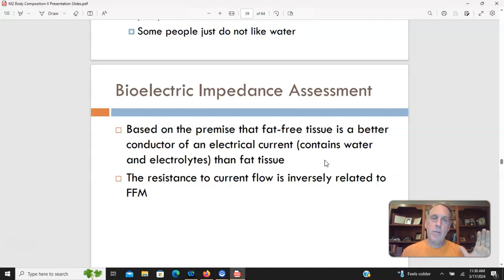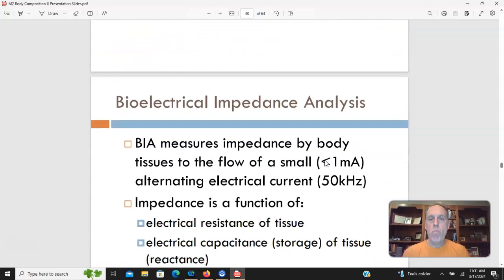You look at fat weight versus fat-free weight, which gets back to our two-compartment model, and the electrical current is sent through the body, and the bioelectrical impedance equipment, whichever one you're using, measures how quickly that electrical signal goes zap, zap through the body, and that's how it measures body composition.